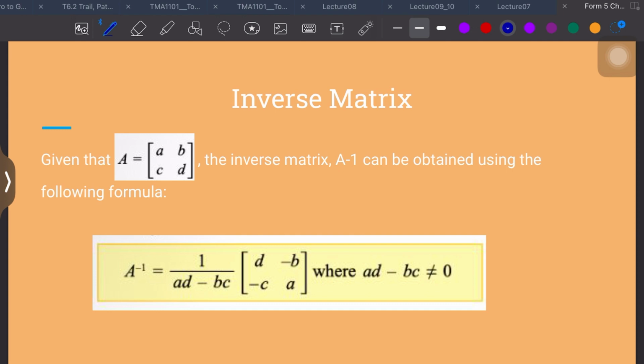So inverse matrix. Given that A is equal to A, B, C, D, the inverse matrix A minus 1 can be obtained using the following formula: 1 per AD minus BC.